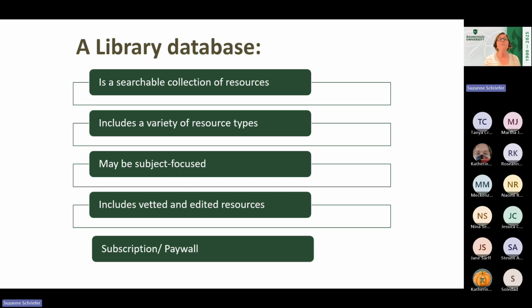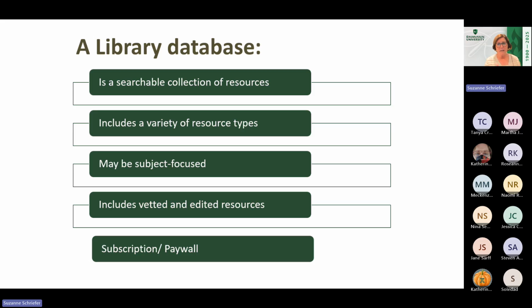The other thing you might notice when you look at our database collection is some of our databases are very general. They cover a wide variety of topics, but many of them are very focused. And I'll do a little demo to show you how to sort through those, because as you can imagine, the library databases that we purchase for Rasmussen University support the academic programs that we offer here.